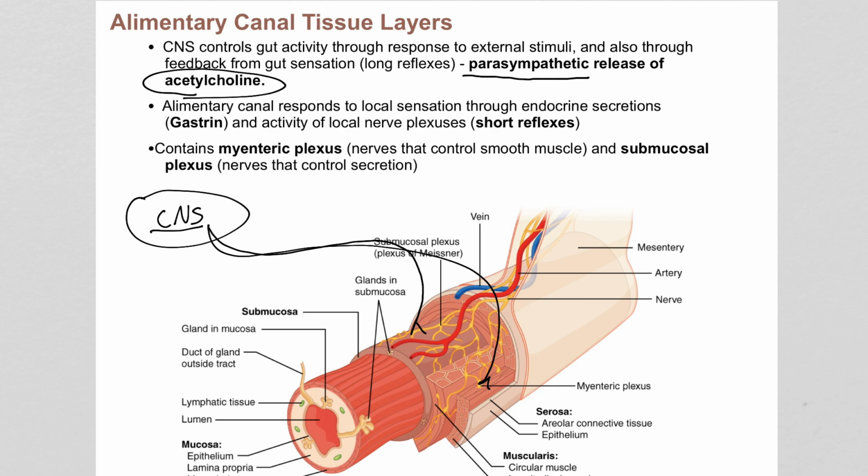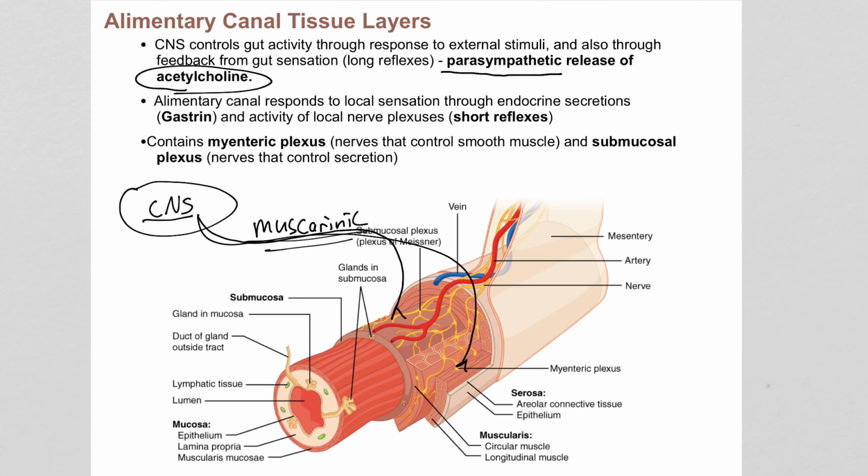These acetylcholine receptors are called muscarinics. Right? Those muscarinic receptors all over the GI tract are generally stimulatory as far as digestive function when we release acetylcholine. So this is one way that we can turn on activity of the GI tract, is by releasing acetylcholine through these parasympathetic nerves. All right. The other thing that can happen is you can have local activation.